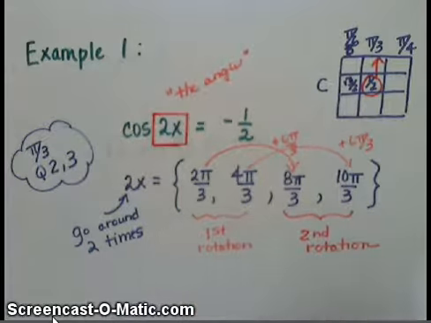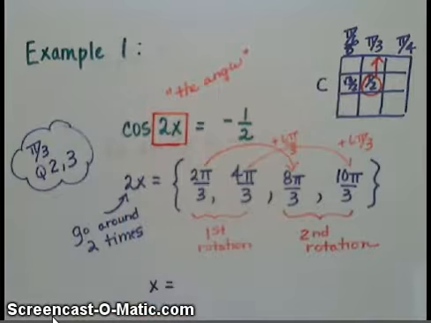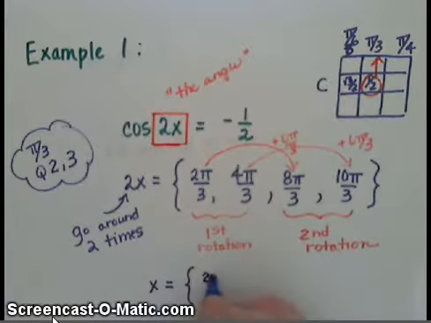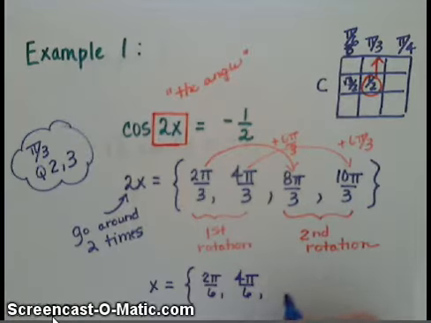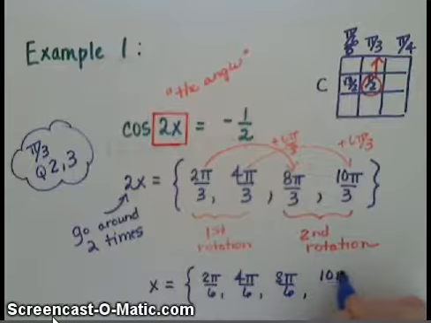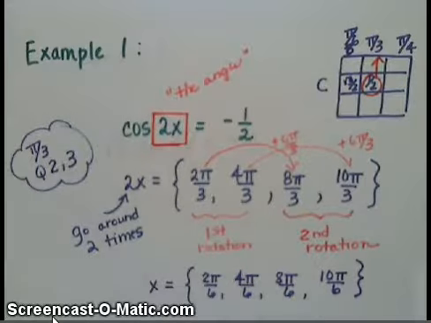Now, I don't want to leave my equation 2x equals. I want to know what x equals, so I divide all my angles by 2, or basically multiply by 1/2, and I get 2 pi over 6, 4 pi over 6, 8 pi over 6, and 10 pi over 6. And all of those will reduce.